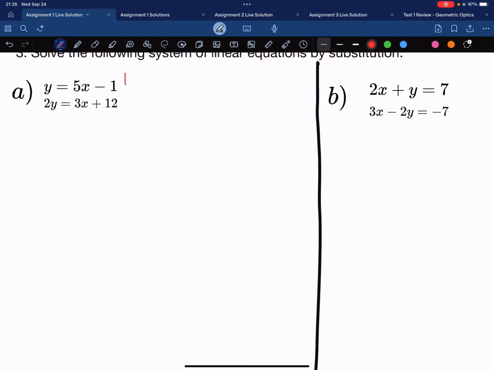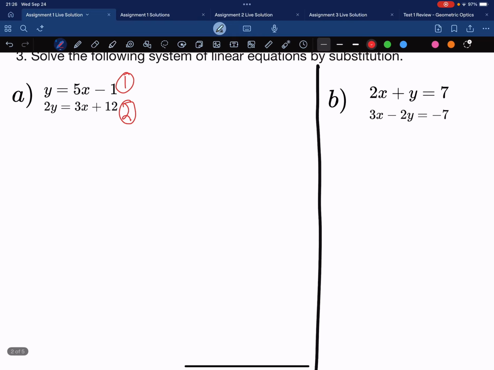So I'm going to call this equation 1, this equation 2. And as a little reminder to myself, I like to write down what it is specifically that I'm going to do. First thing I like to do is make sure that one of my equations is solved. So it just has one variable on its own on one side of the equal sign.